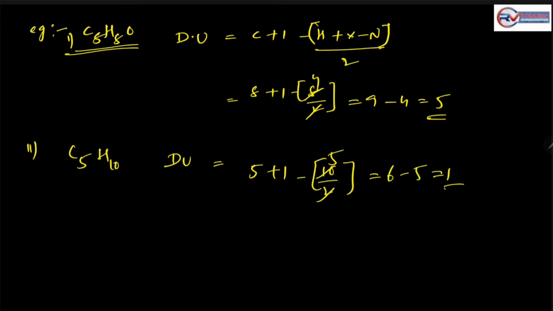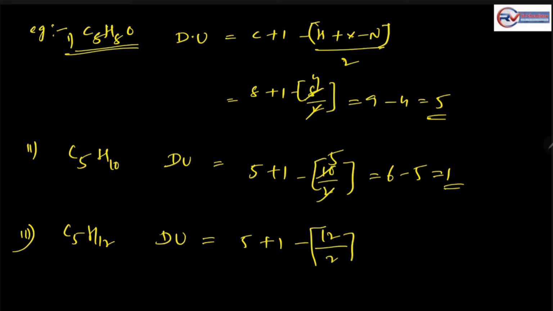Its DU is equal to 1. Now take the next example, C5H12. Its DU is equal to the number of carbons 5 plus 1, minus the number of hydrogens 12 by 2. It is equal to 6 minus 6, equal to 0. Its DU is equal to 0.